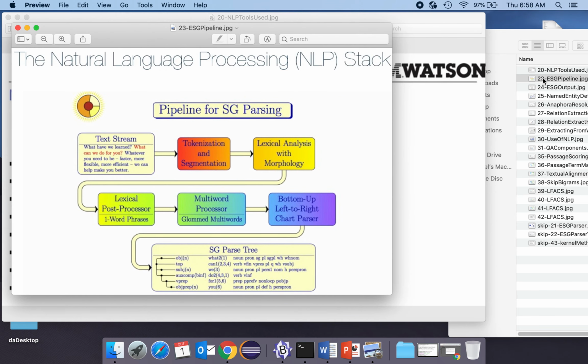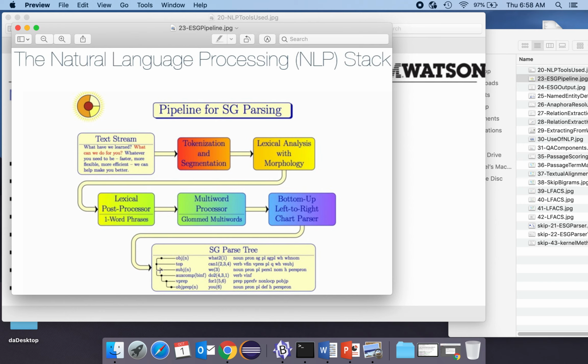Here is the pipeline for their ESG parser. There's some text. We do similar stuff as the Stanford parser does, tokenization. We do lexical analysis. We look at the post processor, the multi-word processor, and then we actually have the parser over here.